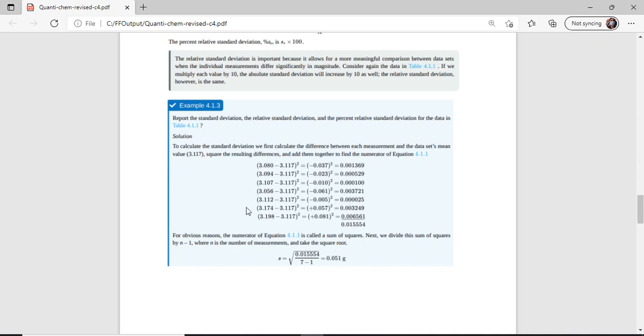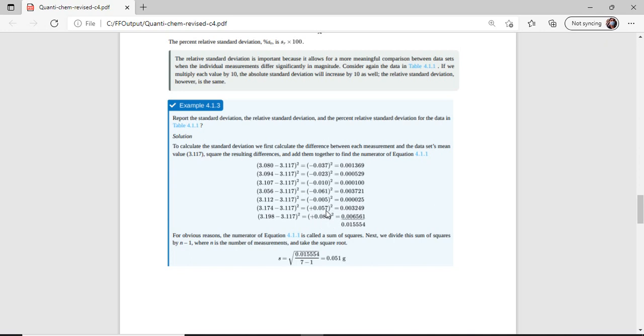Then the sixth penny, which is 3.174, is higher than your mean of 3.117, so it is equal to positive 0.057 squared. Then the value is 0.003249. And you have your seventh penny, which is 3.198 minus the mean of 3.117, equal to positive 0.081 squared.